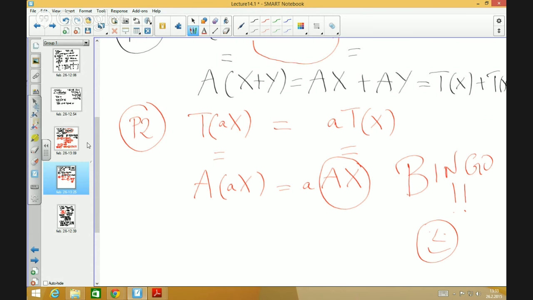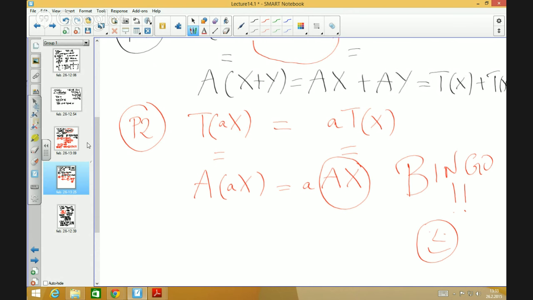Okay, so far so good, but it's only half of the story. Is it possible that there are linear functions out there that are not matrix transformations? Or is every linear function induced by some matrix? And you know what? The cool thing is that the answer is yes. Every time somebody gives you a linear function, you can find a matrix that induces it.